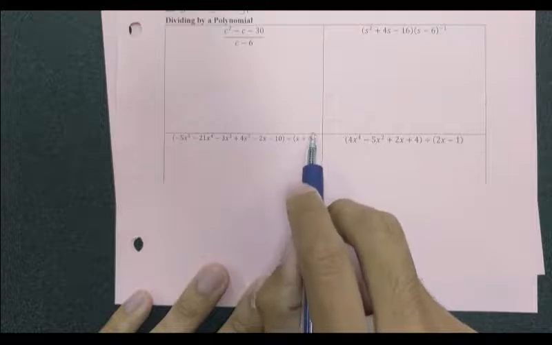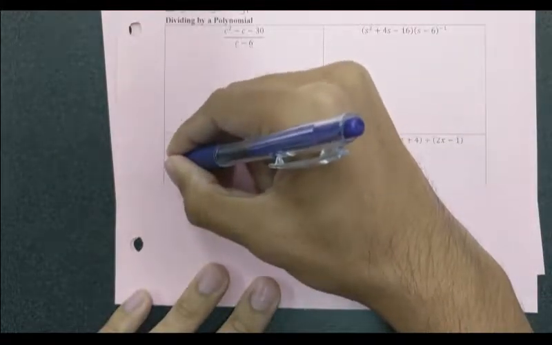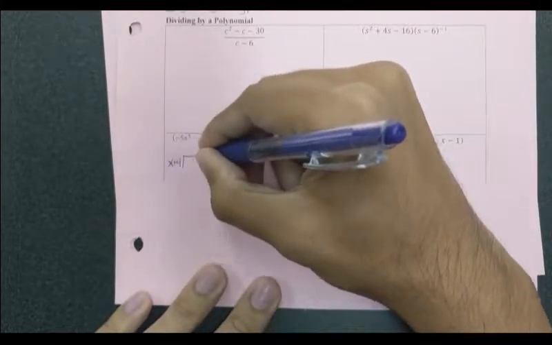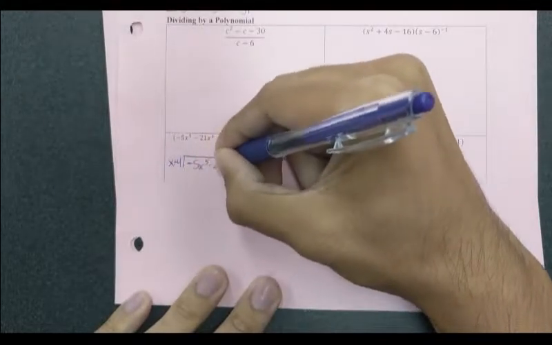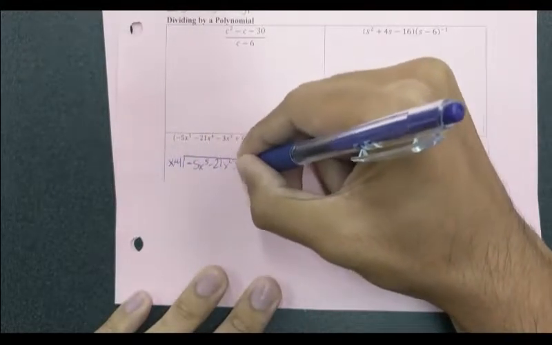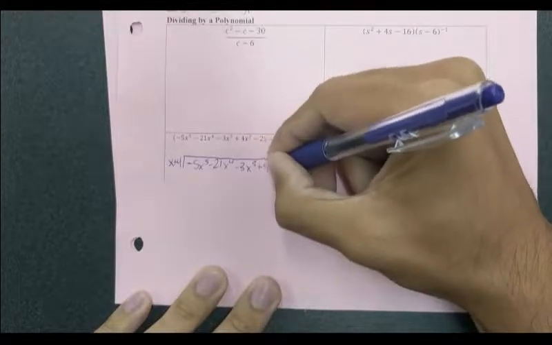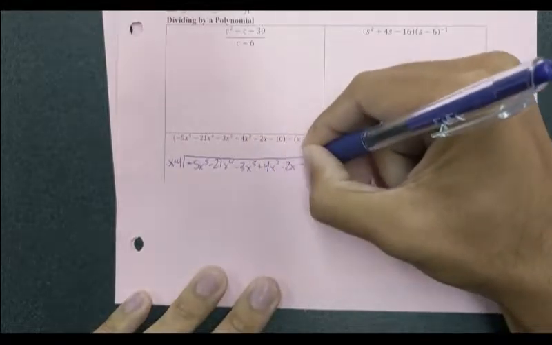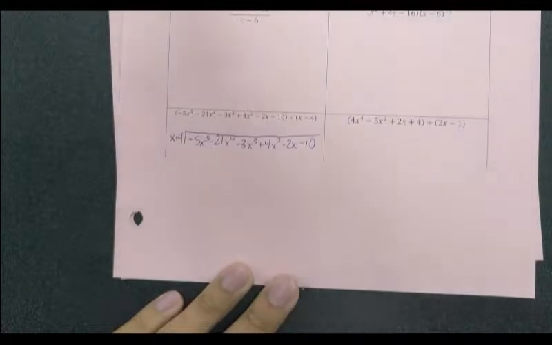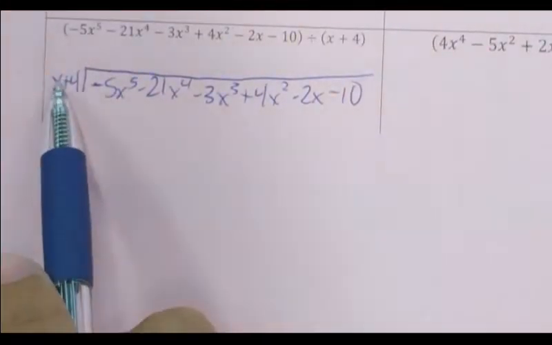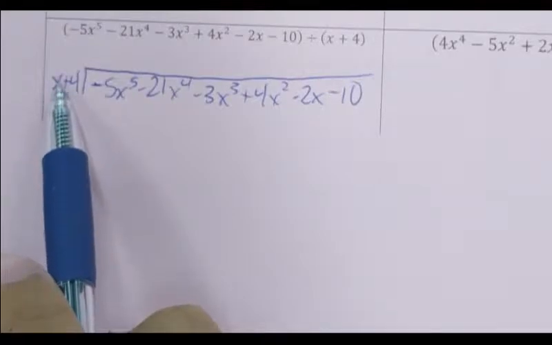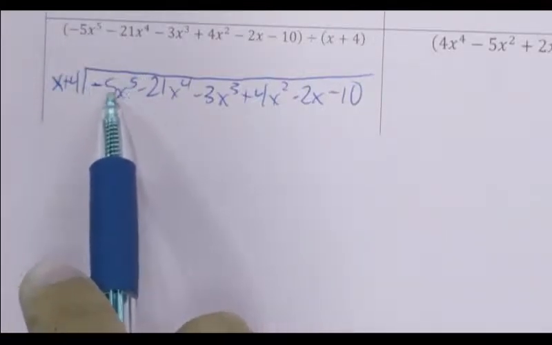Okay, and then an example of dividing by a polynomial. So remember the divisor goes on the outside. Okay, so my goal is to make the x match this negative 5x to the fifth.